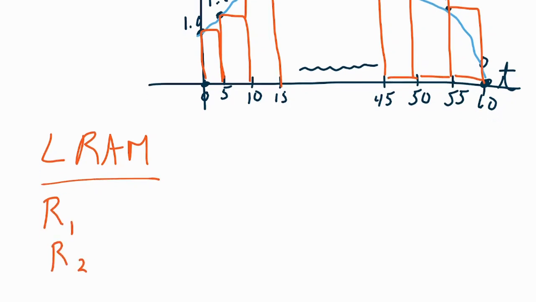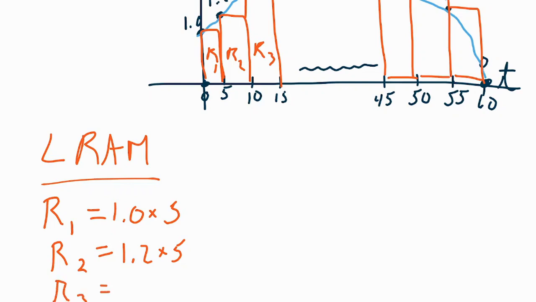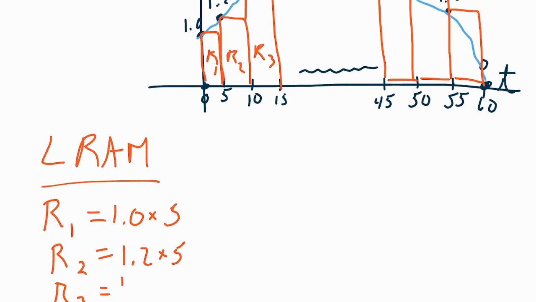So region 1, that's this guy right here. It's, of course, a 1 by 5. Region 2, that's this guy here, is a 1.2 by 5. Region 3, which is that one, 1.7 times 5.